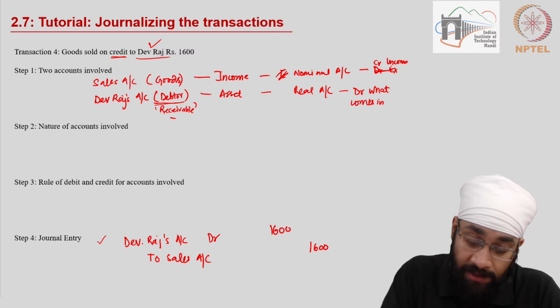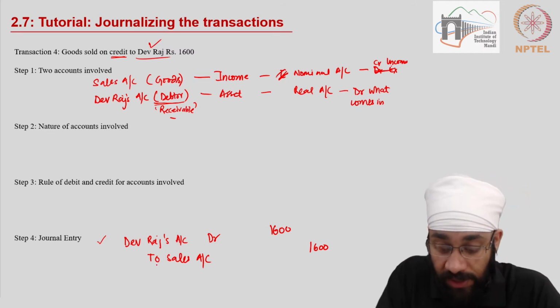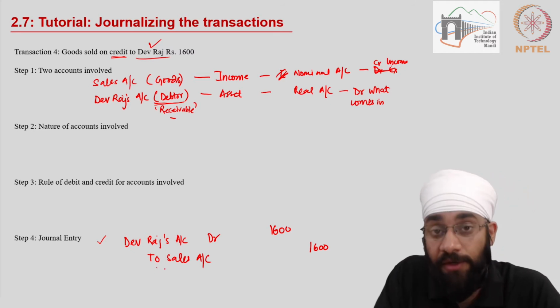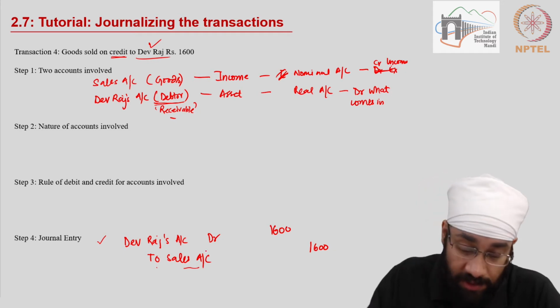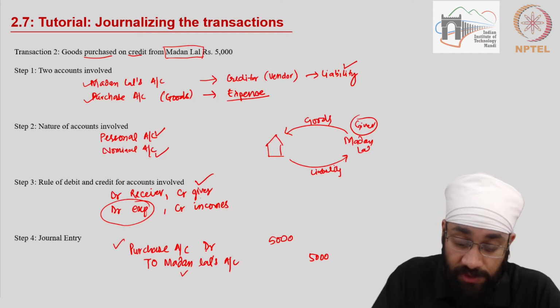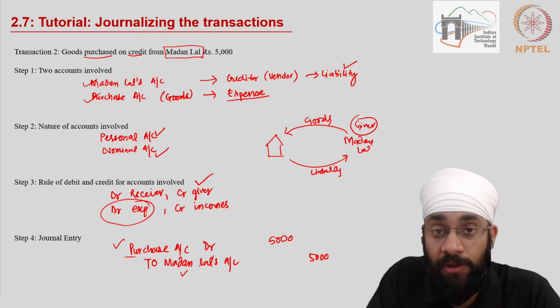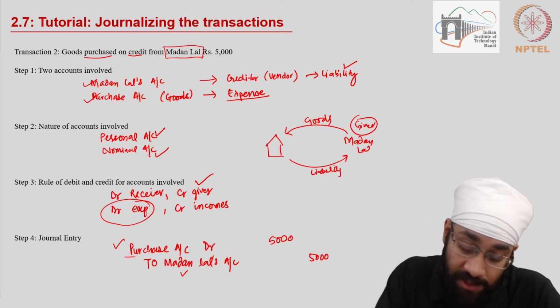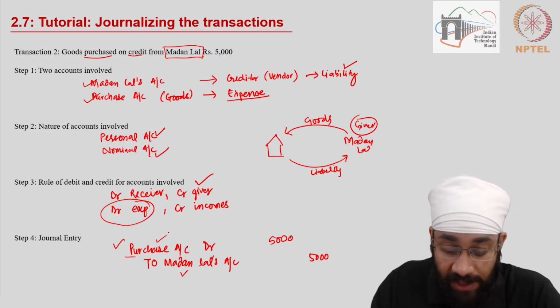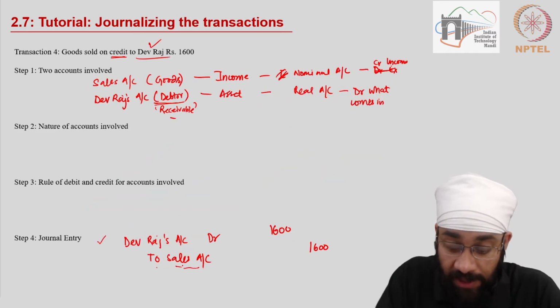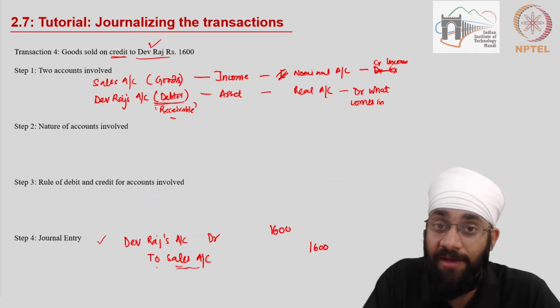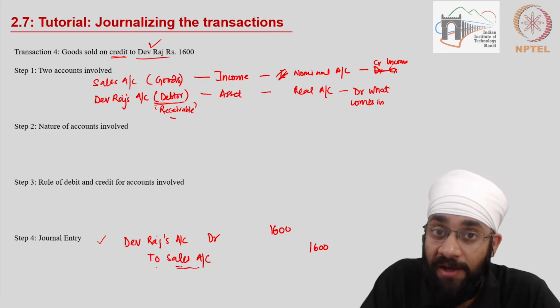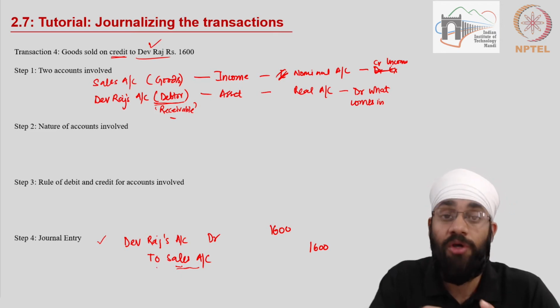Okay, and the other side of the transaction is you have a credit to the sales account. On the other hand, in the purchase transaction you had a debit to the purchase account. Both are goods accounts, by the way. However, purchase is an expense and sale is an income. Incomes are credited and expenses are debited. So just trying to show you the contrast.